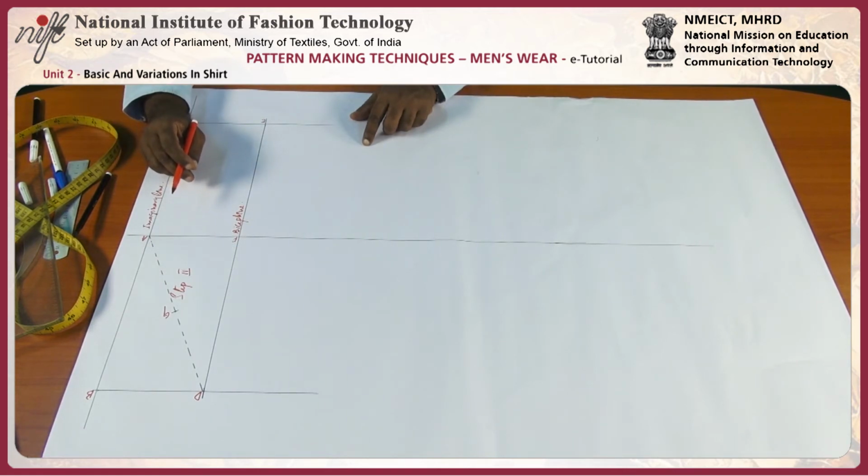G to H is 6 millimeter facing the bicep line.